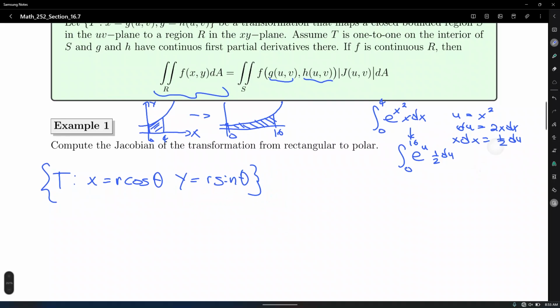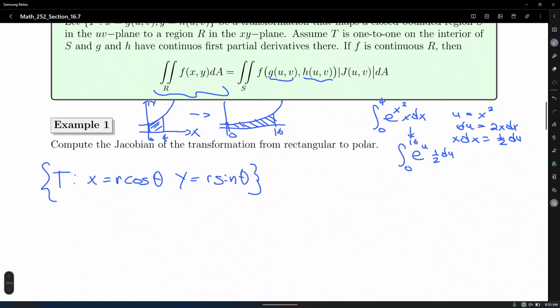Okay. Let's get the Jacobian, J of r theta. That means we need to take the partial of x with respect to r, the partial of x with respect to theta, the partial of y with respect to r, and the partial of y with respect to theta.